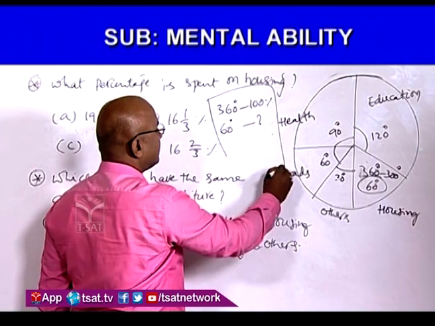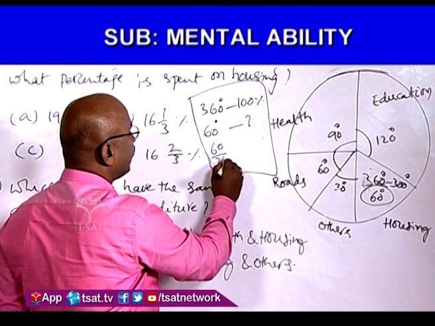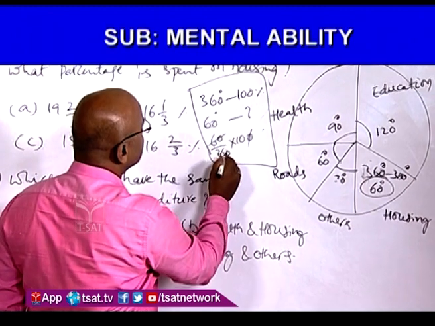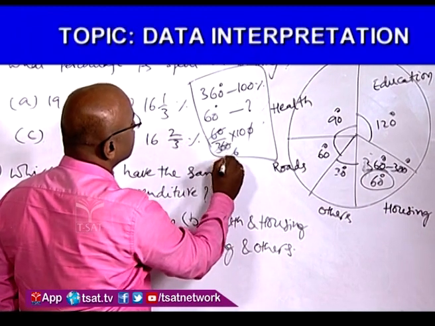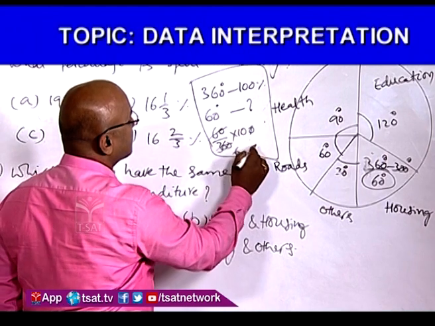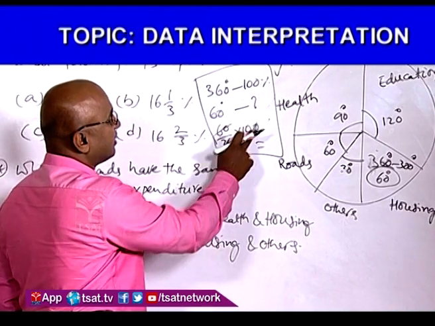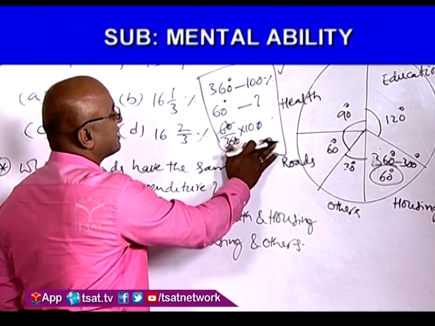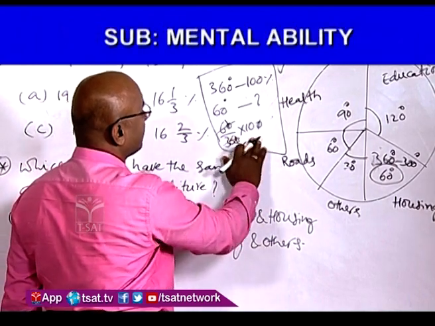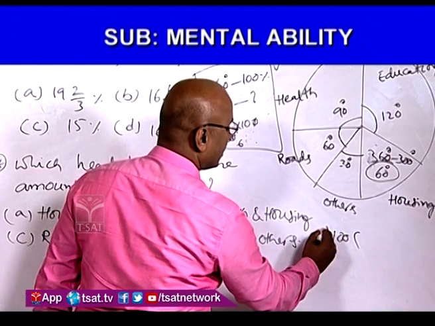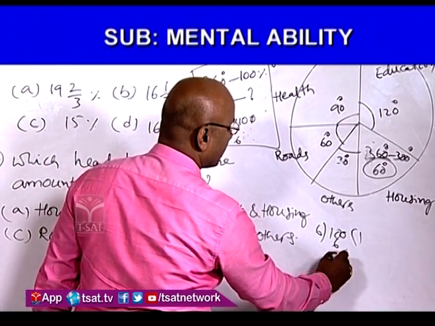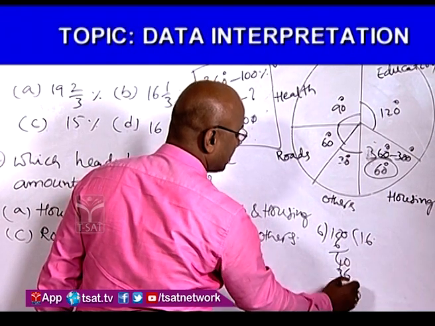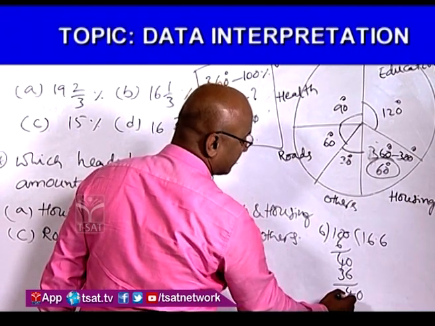See this, 60 by 360 into 100. Cancelling, that is 100 by 6. 6 ones are 6, remainder 4. 6 sixes are 36, put a point and a 0, 6 sixes are 36.